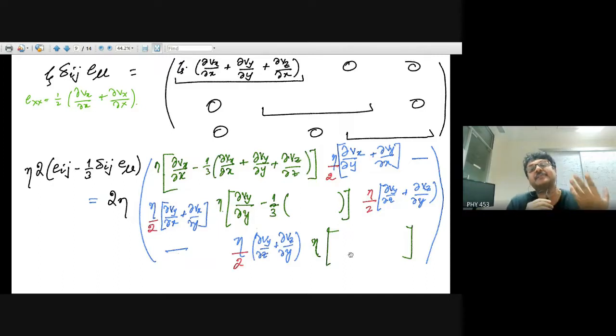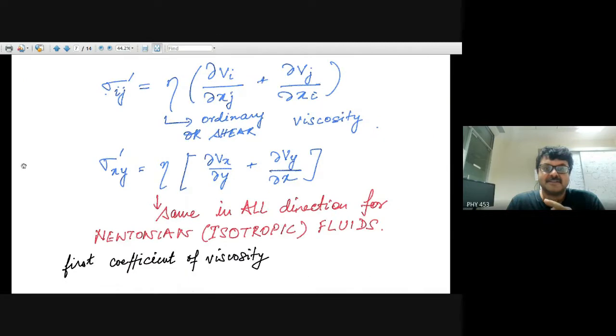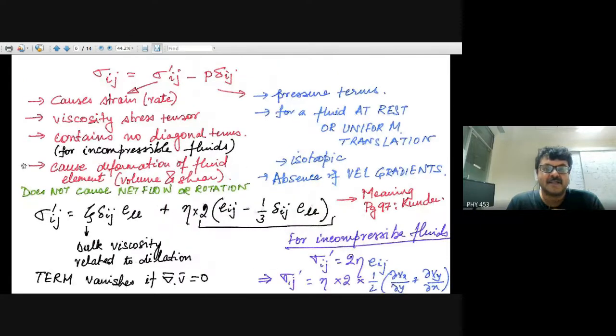And then you will have something called the normal stresses. So that is the reason it is, and it is related again to viscosity, the same dynamic viscosity. Okay, and that is different from the bulk viscosity terms.